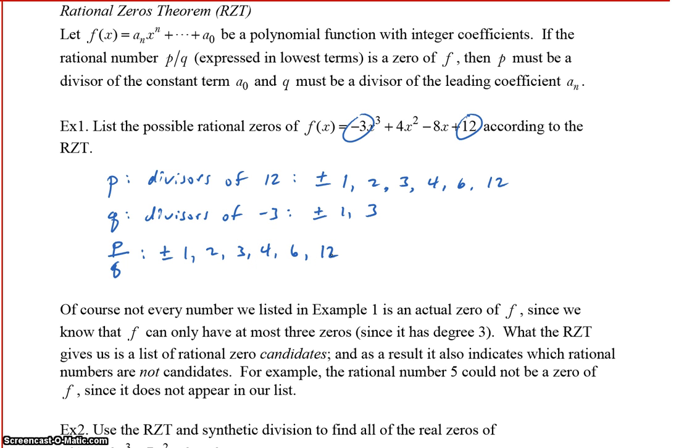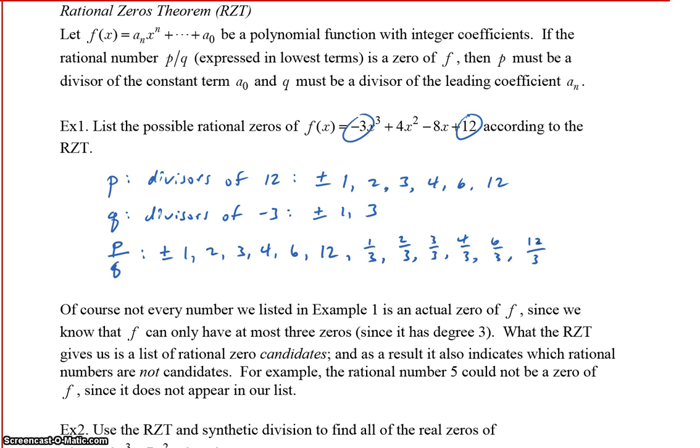And then also take all the p's and divide by q equals plus or minus 3. So that would give us 1 over 3, 2 over 3, 3 over 3, 4 over 3, 6 over 3, 12 over 3. Again, plus or minus. Keep in mind the plus or minus that I wrote out in front applies to all of these numbers.